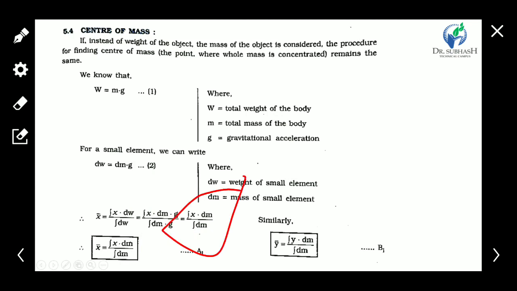The remaining is the integration of x into dm upon the integration of dm. This is the equation of the center of mass. Similarly, we can find the equation of the center of mass for y bar. So this is the equation to find the center of mass of the given body from the specific or reference axis. Clear?